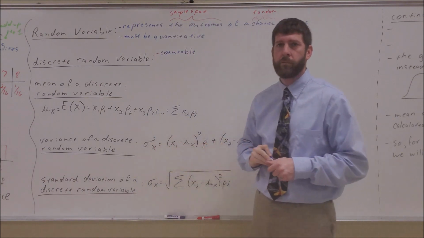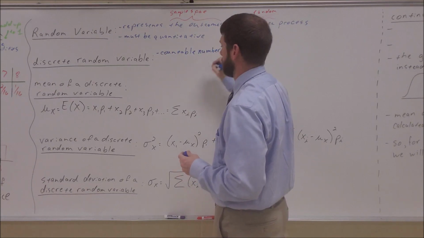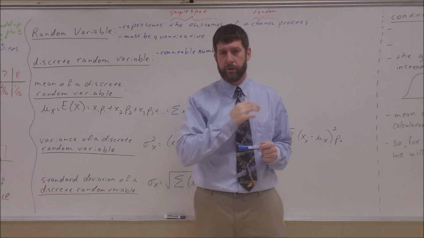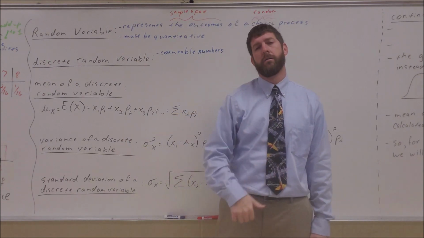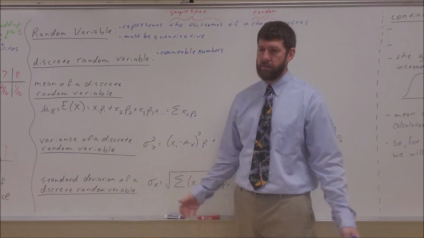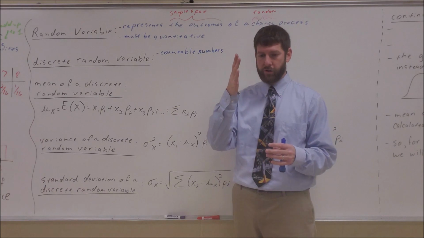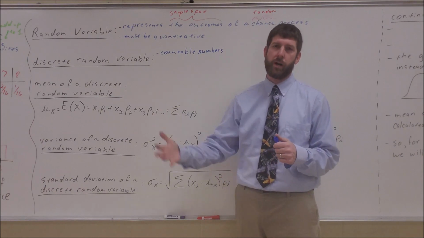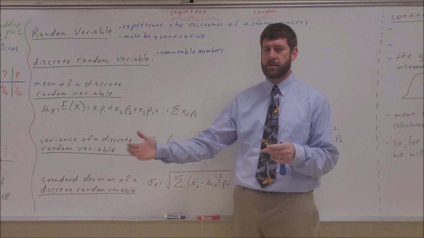So when we talk about countable numbers, it's things like 1, 2, 3, 4, 1.6, 1.7, 1.3. We'll talk in a second about continuous random variables. It means that there are definite possible outcomes. I know beforehand you're going to be this, or this.